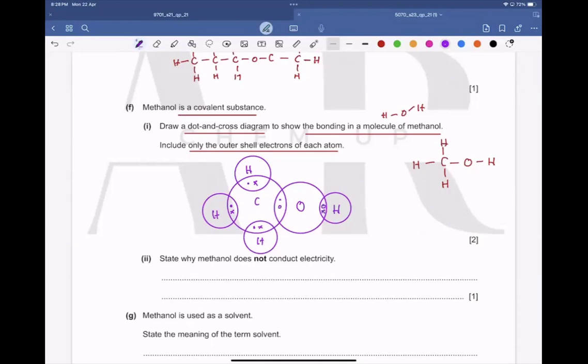Now, carbon has four electrons in its valence shell, and all four electrons are involved in the bonding. Hydrogen has only one electron, and all of these are involved in the bonding. Oxygen has 6 electrons in its valence shell, and out of these, only 2 electrons are involved in the bonding. So 4 are left. So we are going to make 2 lone pairs on the oxygen atom to show those unbonded electrons.